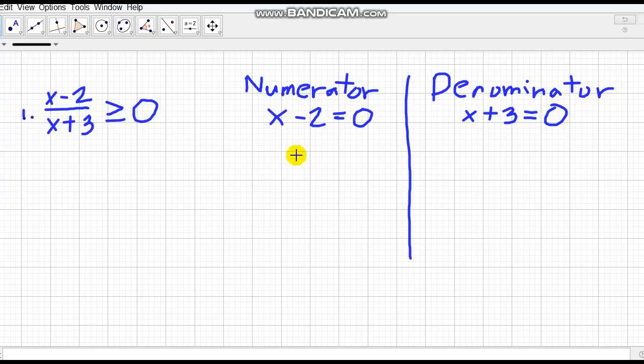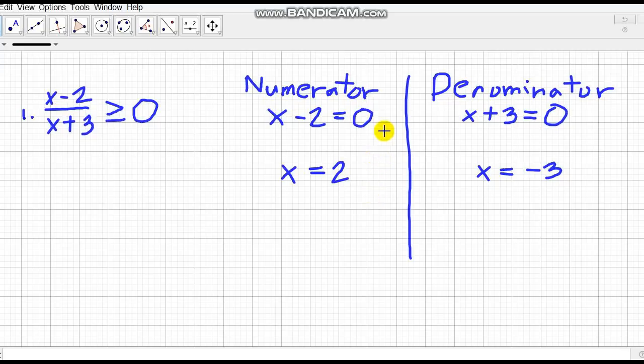Then let's solve for x. So this becomes x equals 2, and x equals negative 3. These two values of x are called critical numbers because they make the numerator and the denominator equal to 0. This has a very important significance in our solution set later.